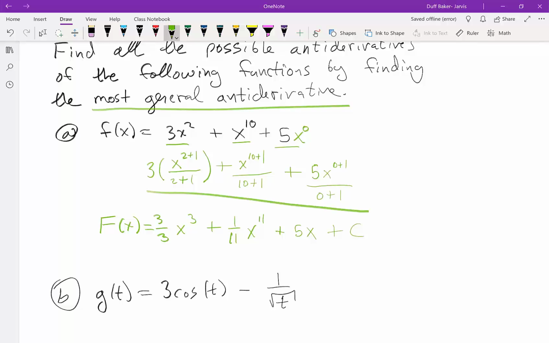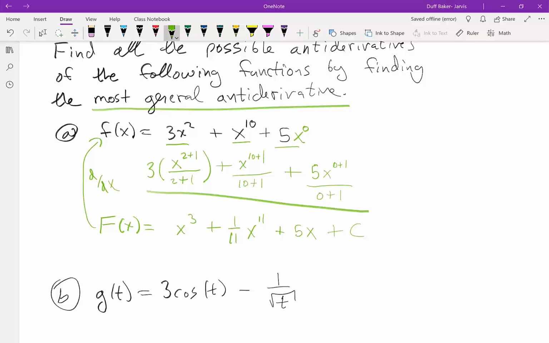Okay, and so yeah, it's always worth checking, at least when it's an easy thing to do, if you take this derivative, so you could simplify this out to just like that. When you take the derivative, do you get back what you started with? And indeed you do, right? You'll get 3x squared. The 11s will cancel. You'll get x to the 10th. Derivative of 5x is 5.